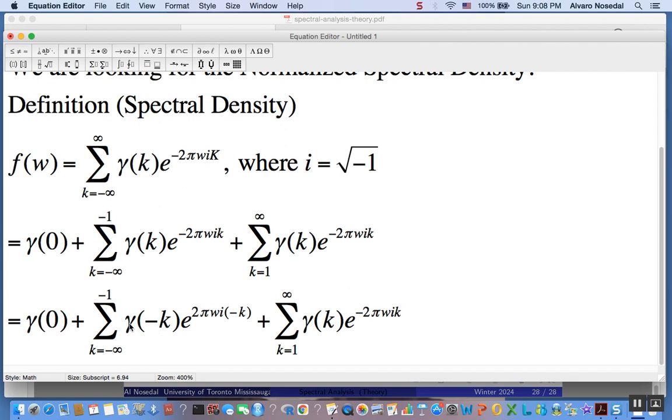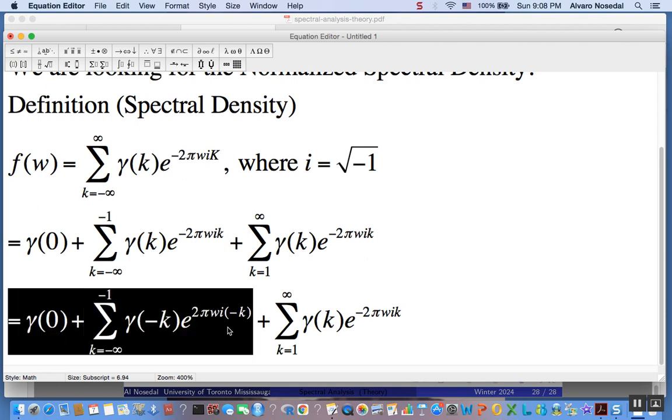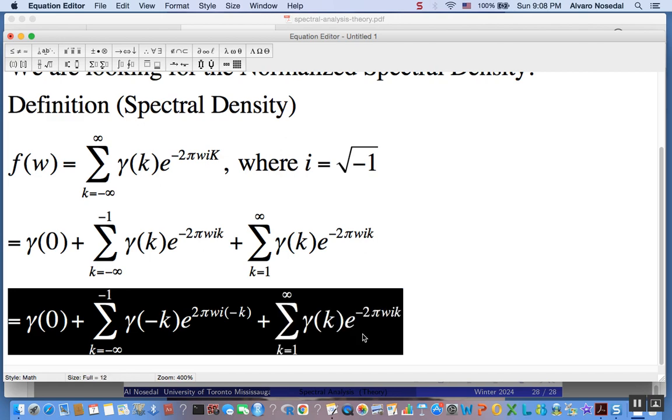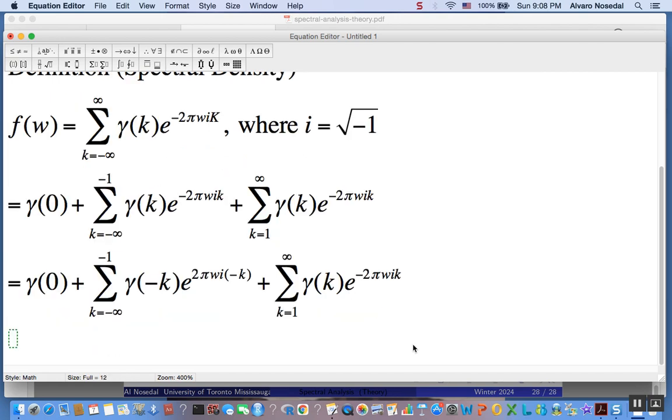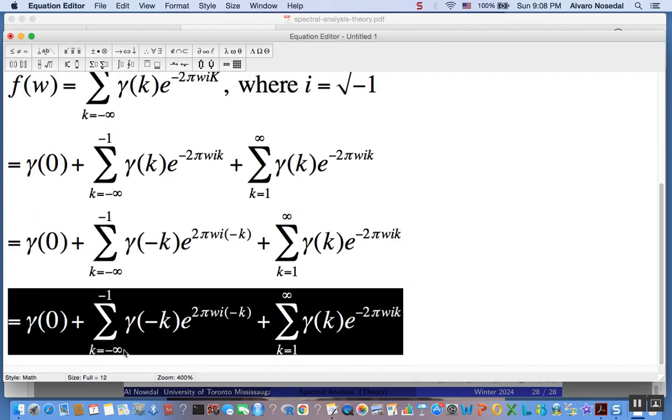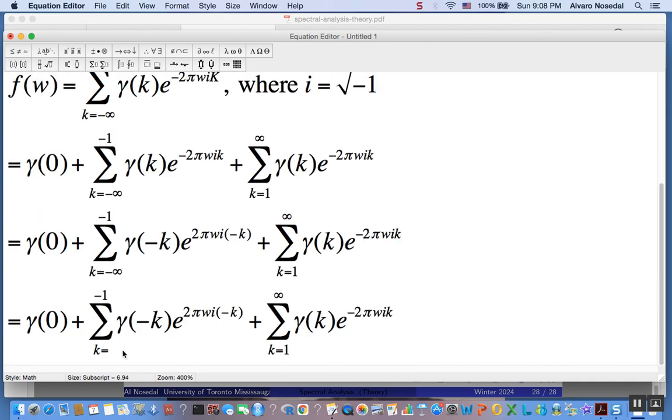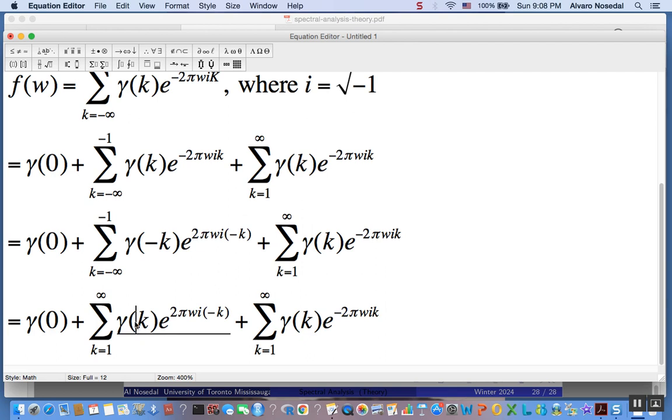And since gamma at -k is the same as gamma at k, we could have this instead. This is the same as k goes from 1 to infinity, gamma at k, because of the symmetry, and then this could be just positive k. Agreed?